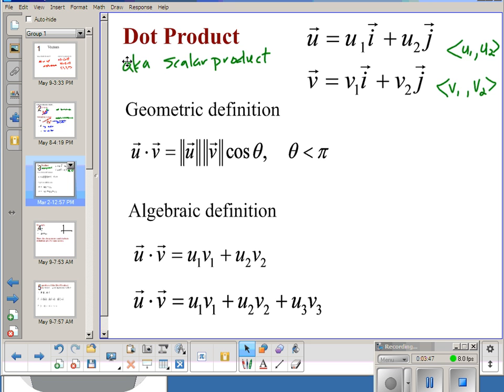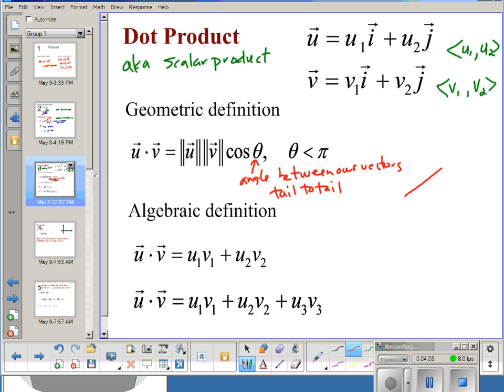One is our geometric definition, and as long as theta is between 0 and pi, because we're going to consider theta as being the angle between our vectors when they are tail to tail. So we have to be sort of in this position. Here's A, and here's B. And then theta would be here.